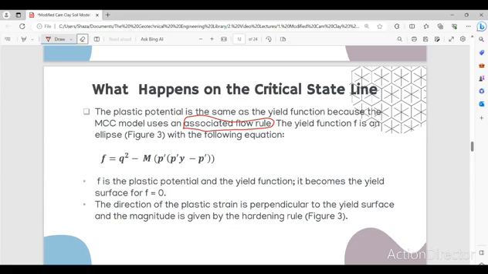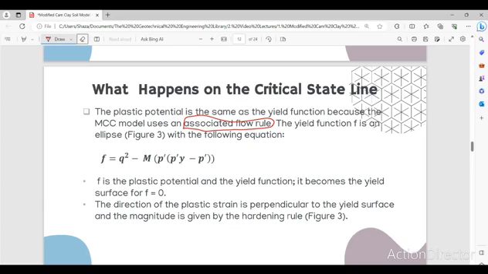So in general, in many soil models, mainly those that are based on critical state soil mechanics such as the modified Cam-Clay model, the associated flow rule is, of course, a common assumption, as in our case. However, it's important to note that for some soils, non-associated flow rules might provide a better representation.